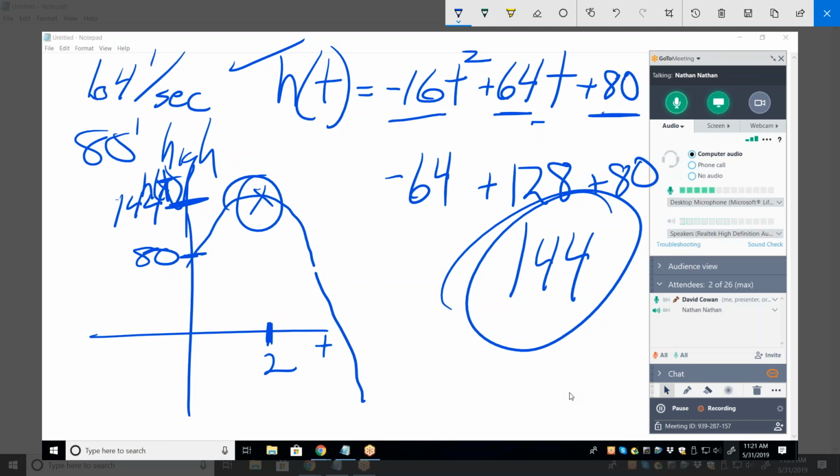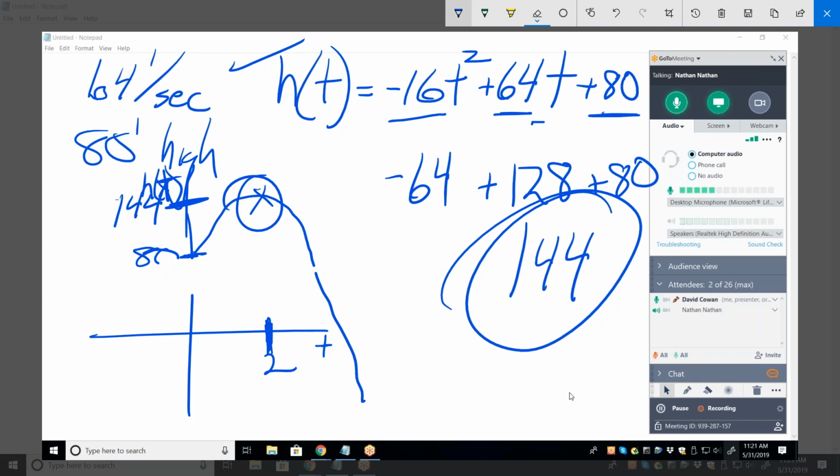Now, notice that whenever you have a quadratic, you get 2 answers. Well, I only got 1 answer. I only solved for this 2. But there actually was another.